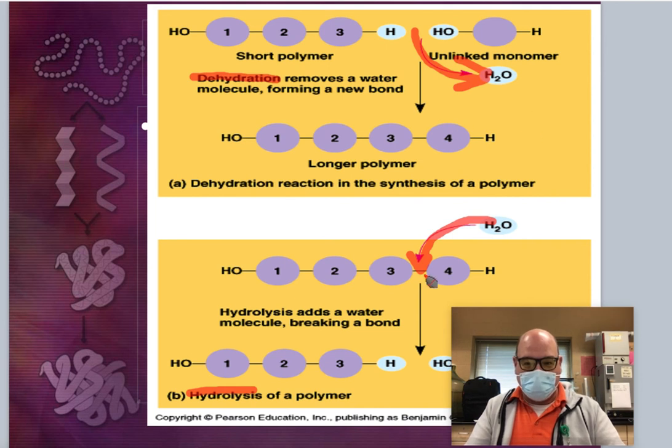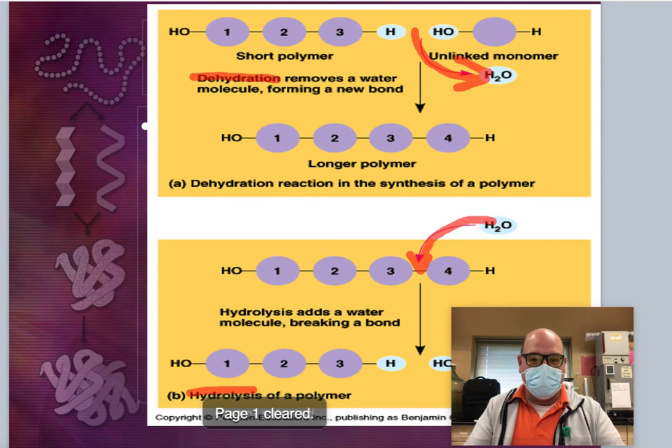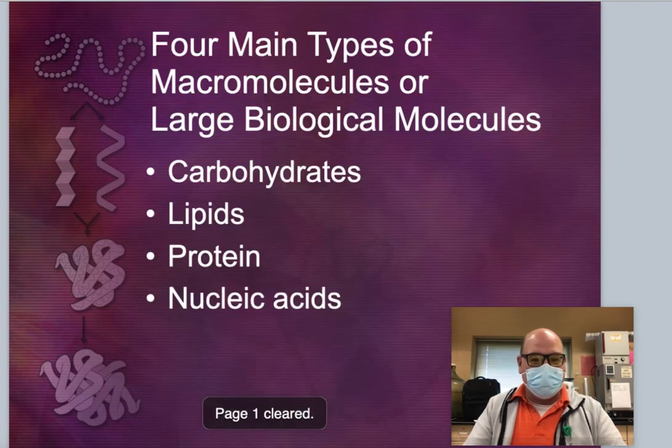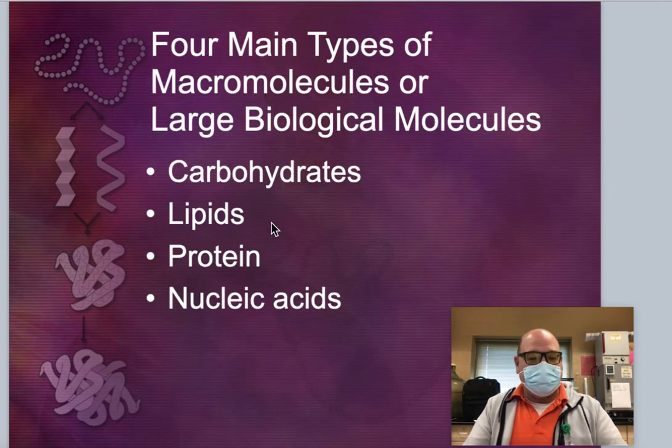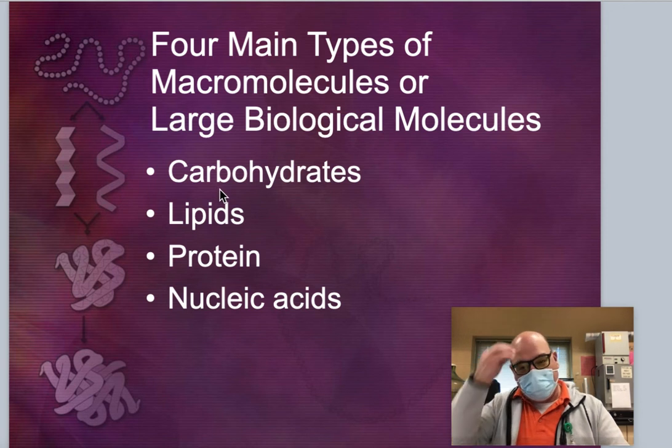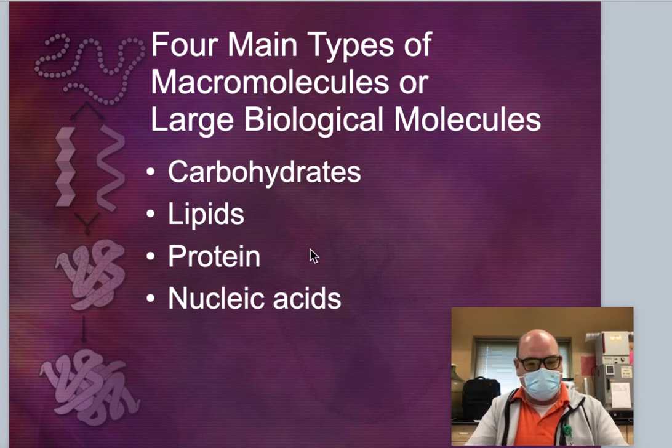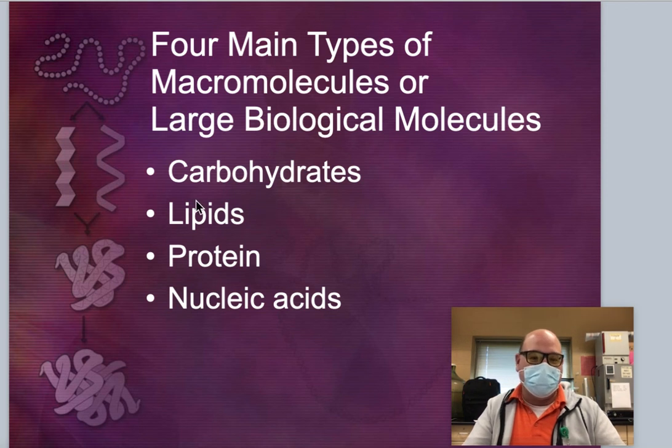Water out will build it, water in will cut it. Okay, let me wipe and go on. So that's how most of these form bonds. So that's very common across all four of these, okay? There's other kinds of bonds involved, but most of the time when you're going from small to big, you're looking at dehydration.